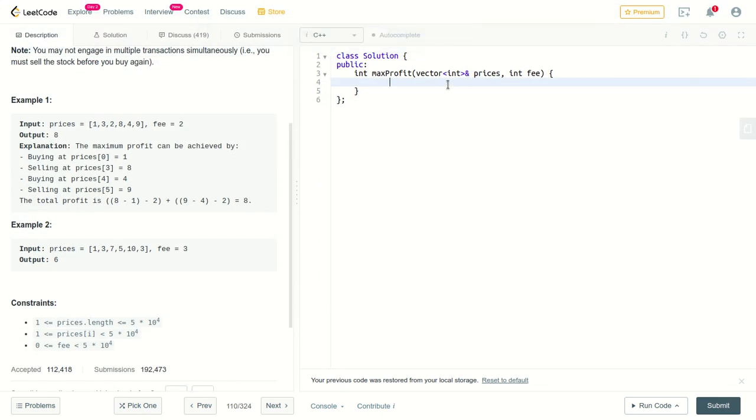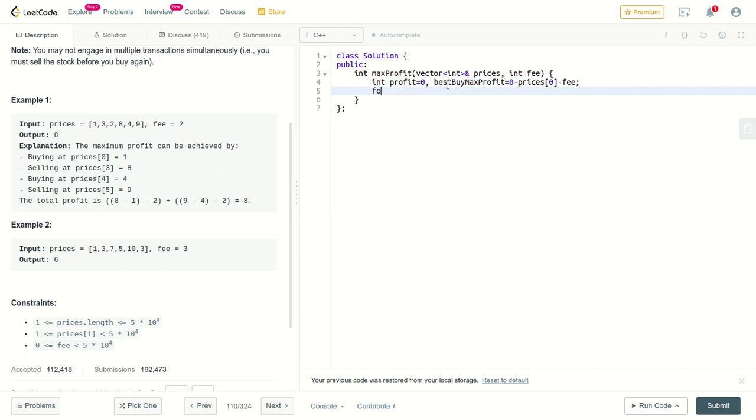So our requirements are two variables. One is profit, say, and another is best buy max profit. Okay, so we have to initialize profit with 0 and best buy max profit with 0 minus the first element in the price array. So price at index 0 minus fee.